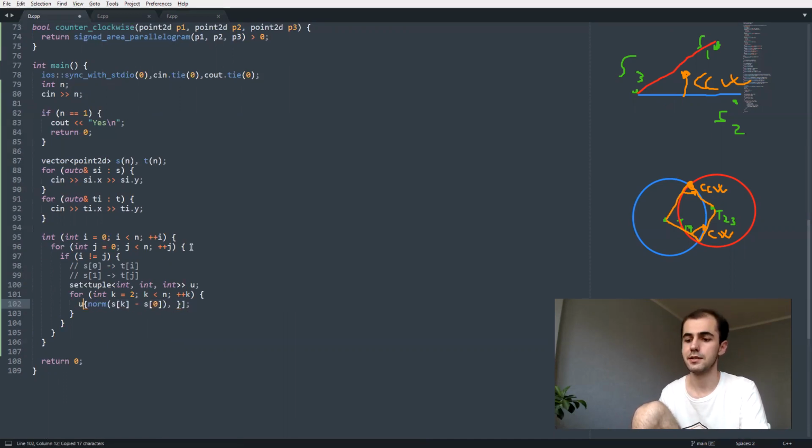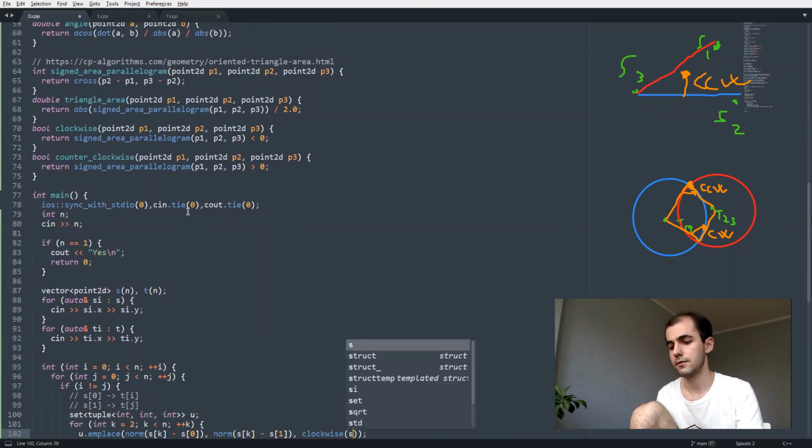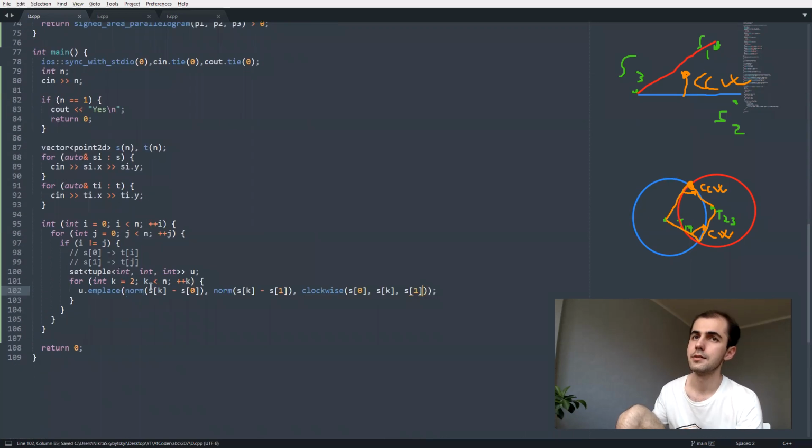Oh, this is a set. Okay, so I'm going to insert that in place, and I need this, and then I also need, I think, clockwise of S0, Sk, S1.